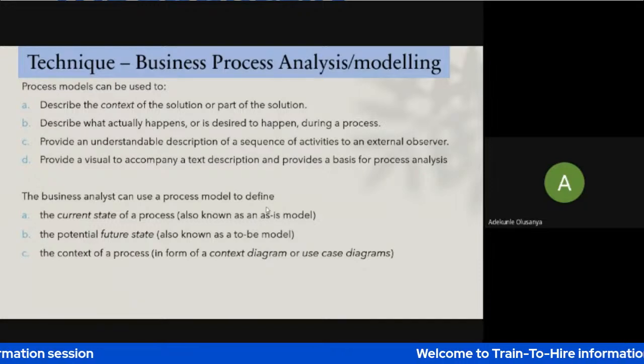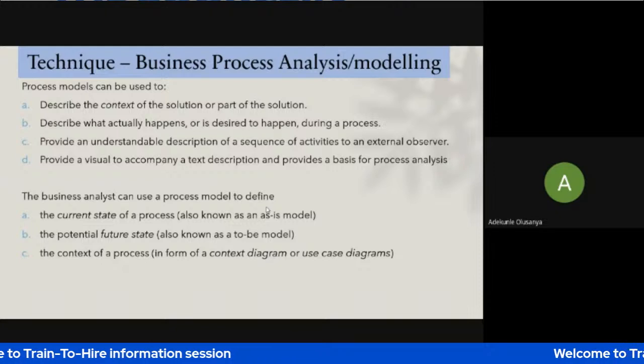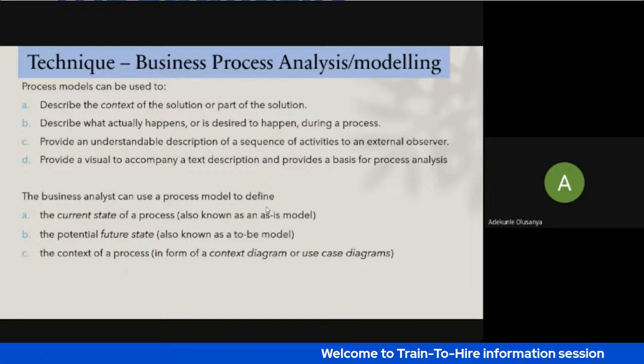We'll still talk about future state analysis. We haven't gotten there yet, but we'll get there in a bit. What is desired to happen is a future state analysis. So the process model is used to model the current state. And let me say this so that we're on the same page.